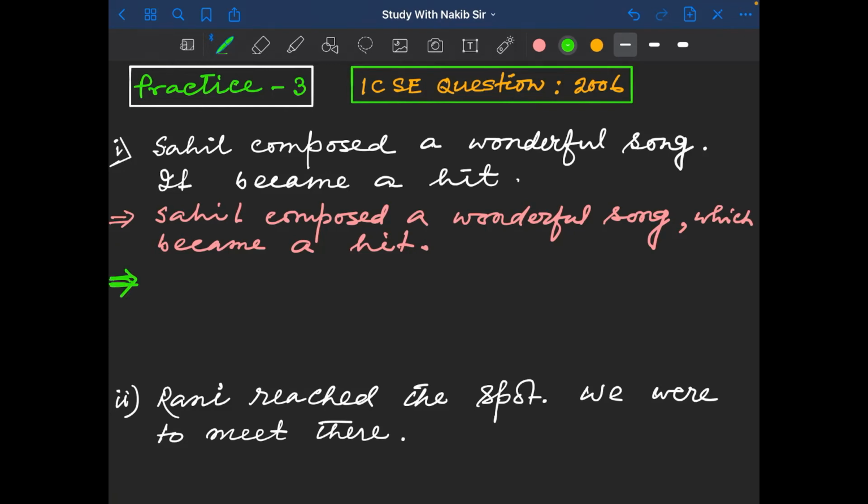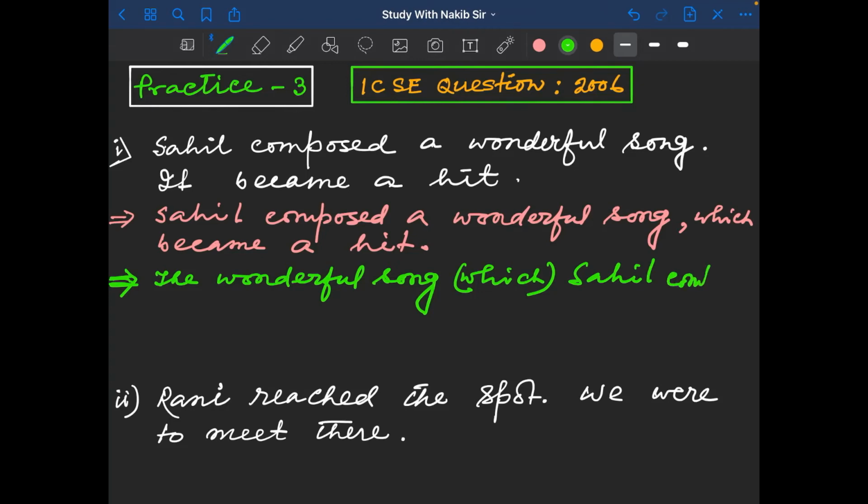See here. It became a hit. It means the wonderful song. See, the wonderful song which is not used here actually, it is dropped, which is understood here as which is the object of the relative clause, which Sahil composed.